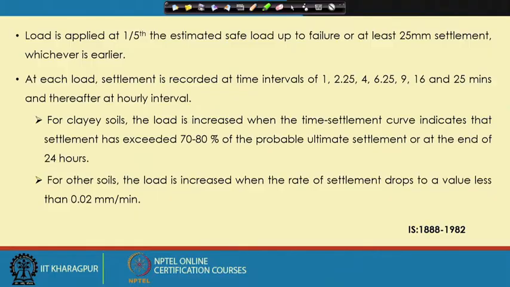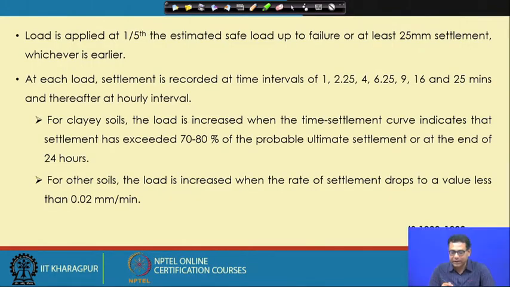So, based on that, if we know the C and phi or the strength properties or the unit weight of the soil, then we can determine what would be the safe load, and then we have to apply 1/5 of that estimated safe load up to the failure or at least 25 millimeter settlement.